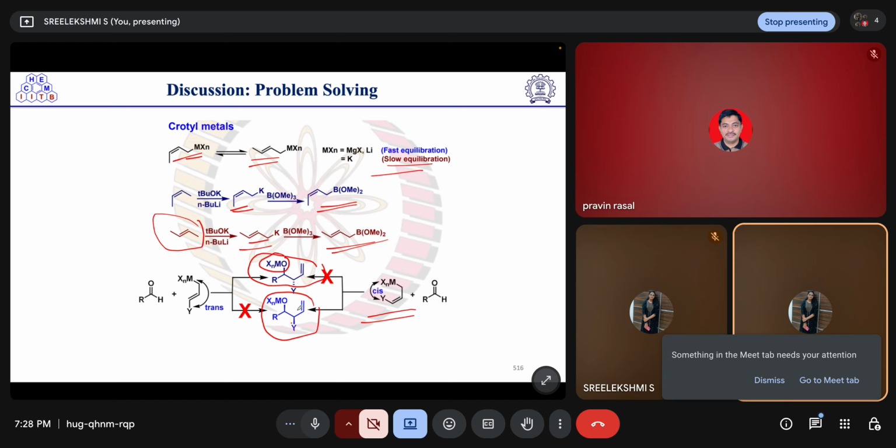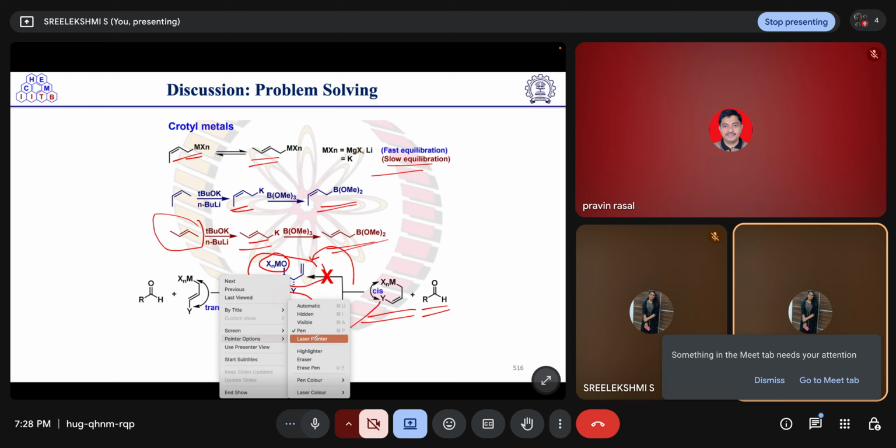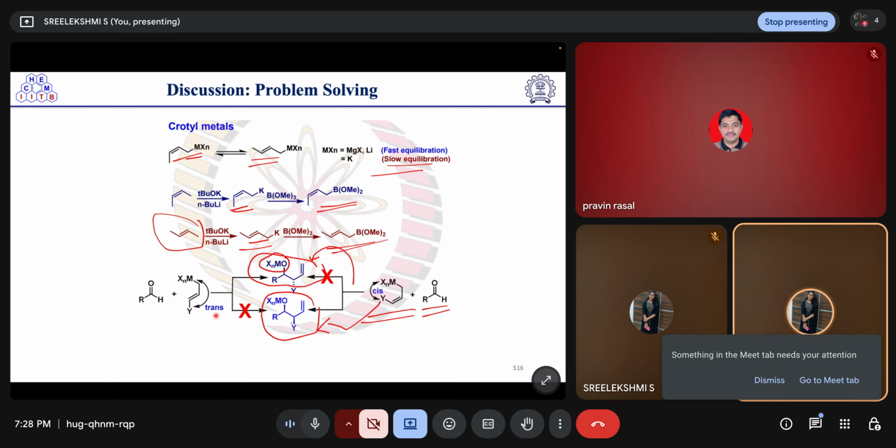If we take the cis one with this aldehyde, it will not give this intermediate; it will go through this one where these two groups are on the same side. That is the difference when we use a different starting material. Trans will give this one and cis will give this one.